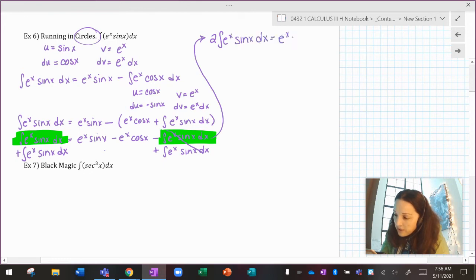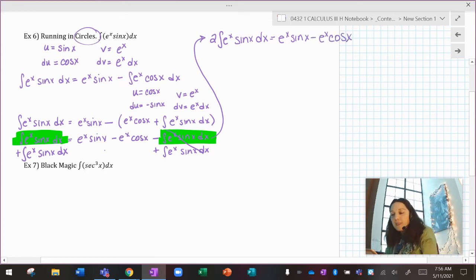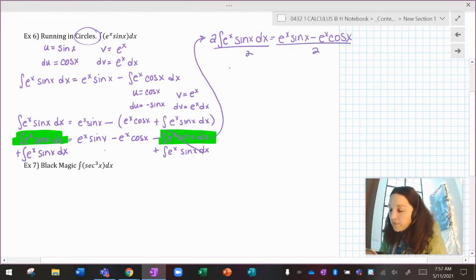And on the right, I have e to the x sine x minus e to the x cosine x. Okay? And then I can just divide both sides by 2. So the integral of e to the x sine x dx is 1/2 e to the x times sine x minus cosine x plus c.